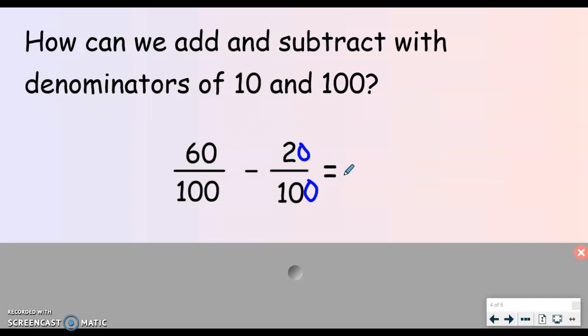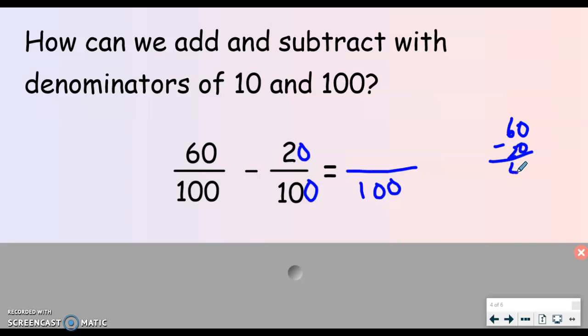And so now the problem looks a little bit different from the way it did before. Now, it still stands that my denominator stays the same, so I can go ahead and carry that over, and I already have half my answer. And now I just need to do 60 minus 20, which if you can do that in your head, or if you need to do some scratch work on the side, that's fine.